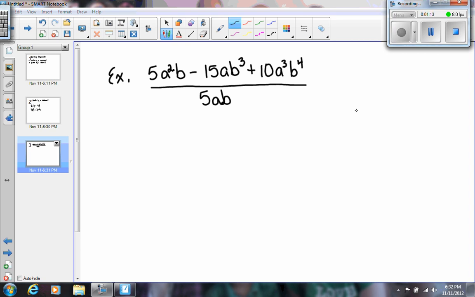So if I have 5a squared b minus 15ab cubed plus 10a cubed b to the fourth, and I'm dividing all of that by 5ab.